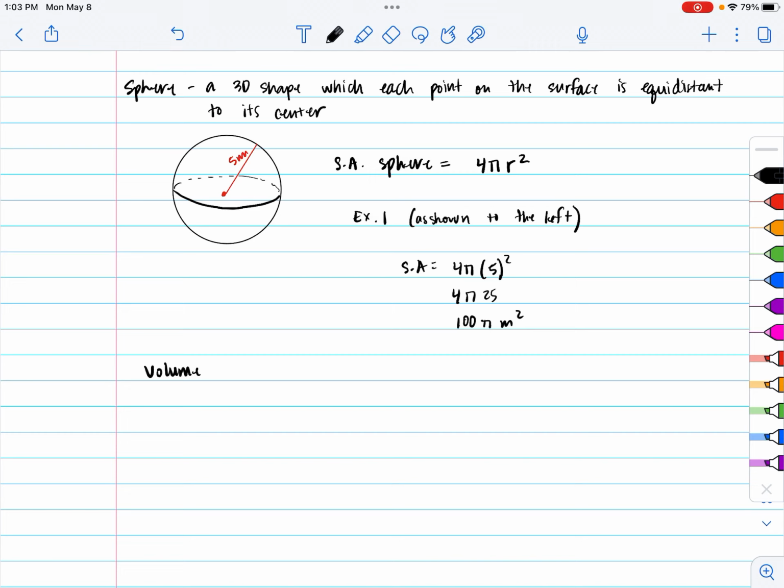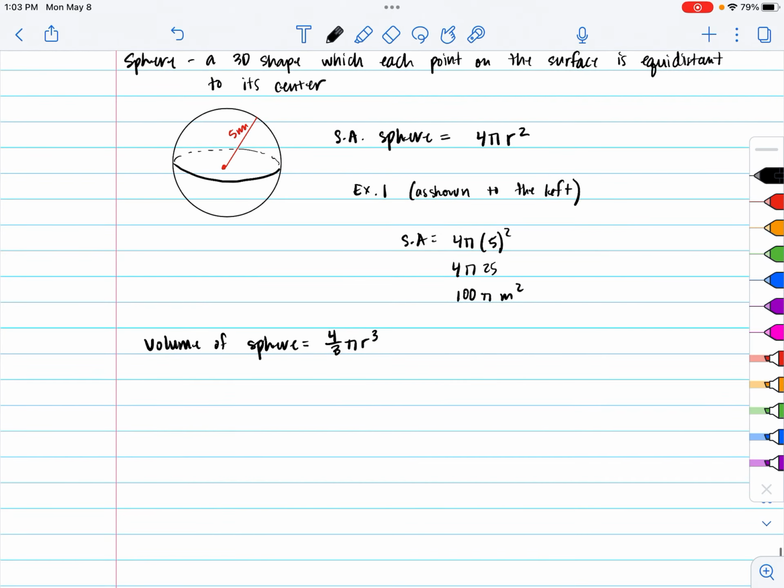Volume of a sphere has its own straightforward equation, and that is 4/3 pi r cubed. And that's because we're in 3 dimensions. We have north, south, east, west, and then we have depth, okay?